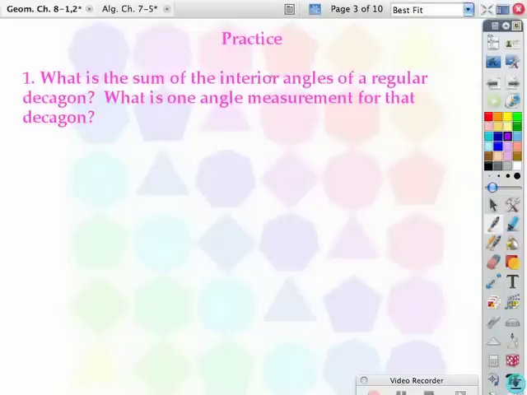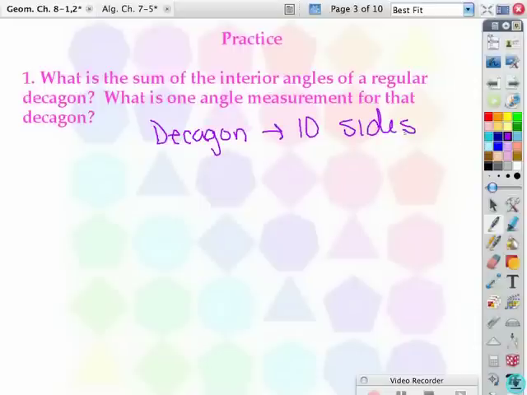The sum of the interior angles of a regular decagon. Well, the first thing that you need to look at is the word decagon. You know that that means 10 sides, or at least I hope you know that means 10 sides. So to find out the total, we use our formula, S equals 180 times the quantity n minus 2. In this case, our n is 10, so we plug that in.